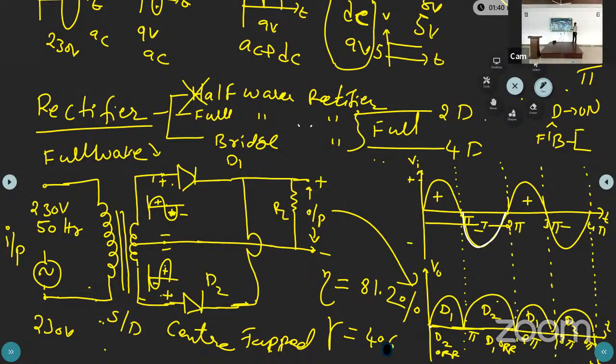Full wave rectifier. Now for the full wave rectifier output, we are connecting the filter at the input. You can remember.